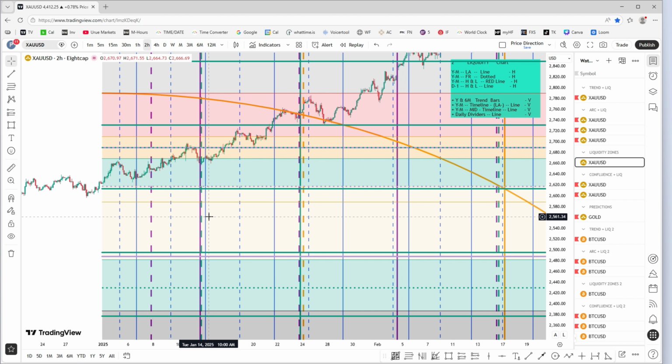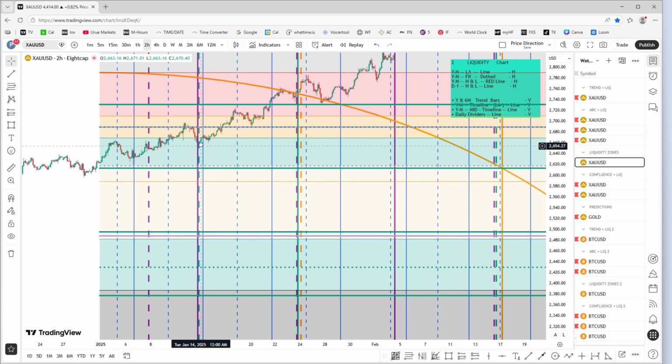Now, if you flip 0.618, it gives you 0.382. You flip 0.382, it gives you 0.618. And if you add 0.618 to 0.382, you have 1. And that 1 is a round number.